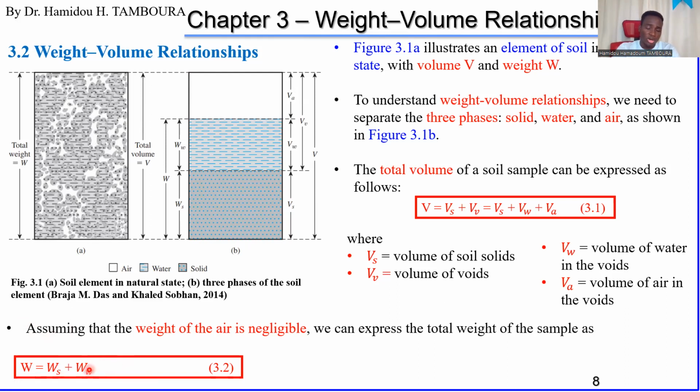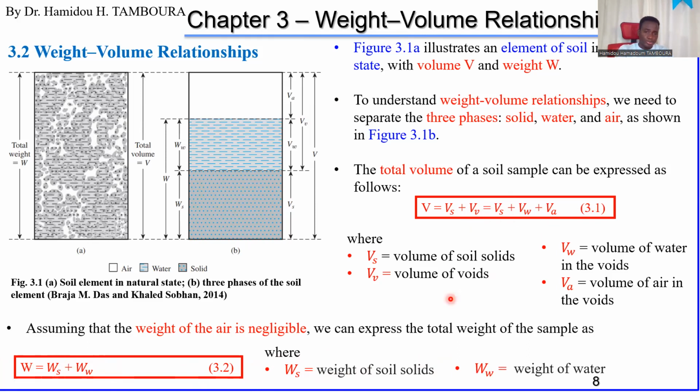Just these two are enough. We neglect it, that's why here there is nothing as mass or weight of the air. So weight of solid, Ws, weight of water, Ww. These two are very important also, because when it comes to weight or mass, we will consider this. For volumes, we will consider this.